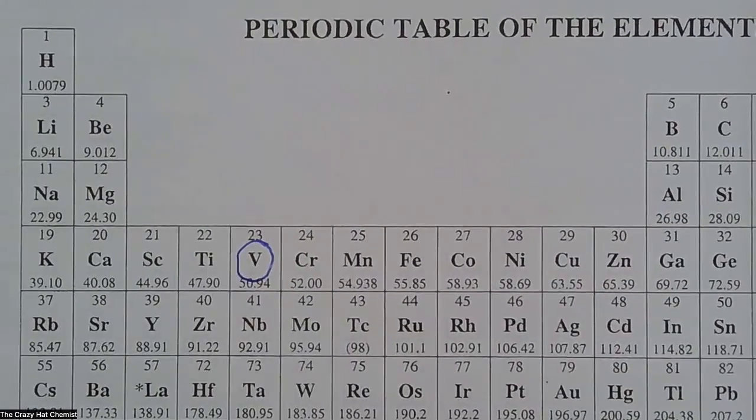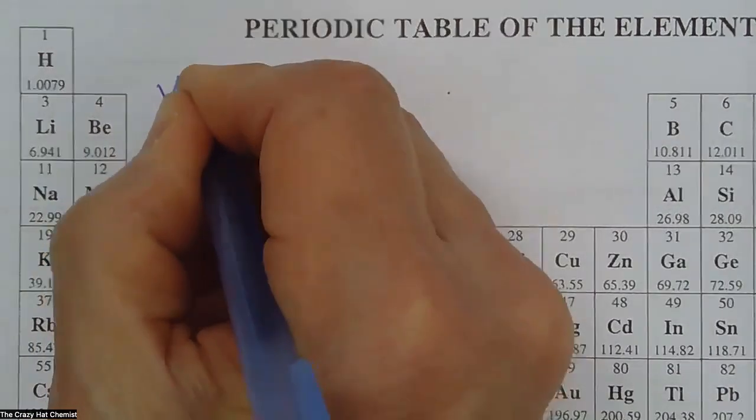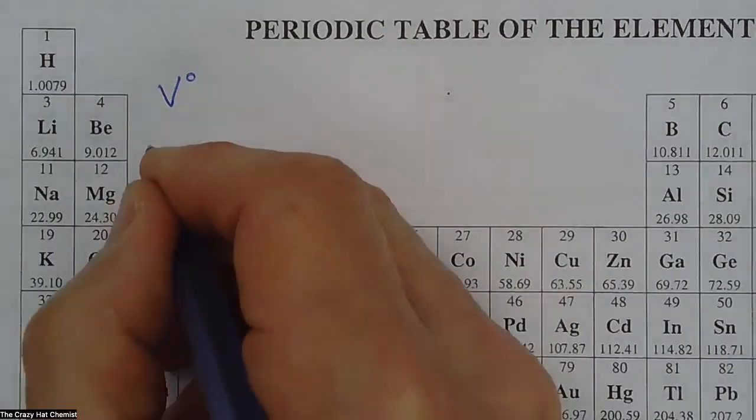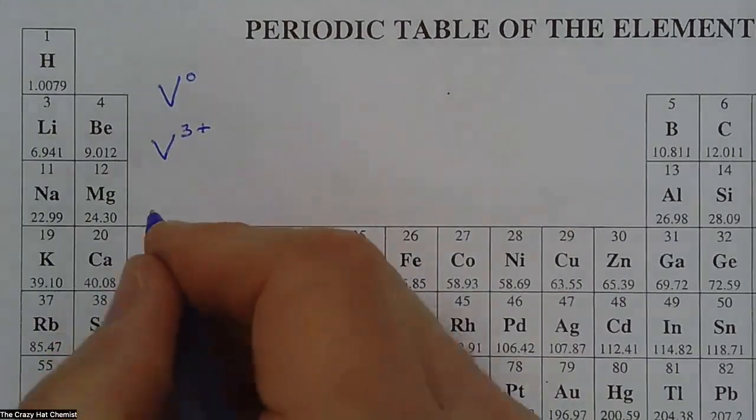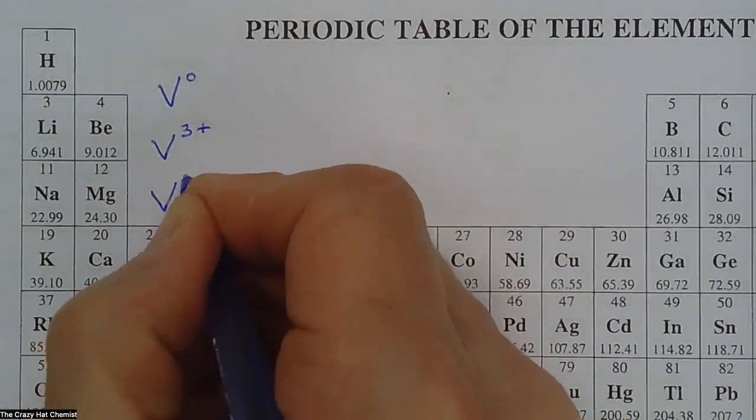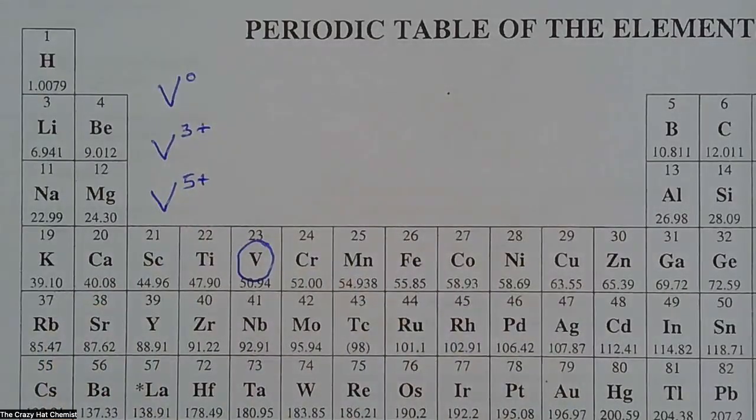So we're going to write out the electron configuration for vanadium 0 charge, that's the atom, vanadium 3+, that's the cationic charge of 3+, and vanadium 5+, that's the cationic charge right there. So we're going to write out the whole entire electron configuration. Hopefully you've done electron configuration, so hopefully this won't be so bad.